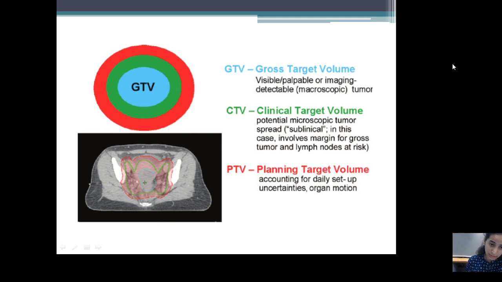So setup and geometrical errors are corrected via PTV, planning target volume. For GTV, whatever dose we are defining, we want 98% of the required planned dose to go to the GTV, which is the gross target volume.